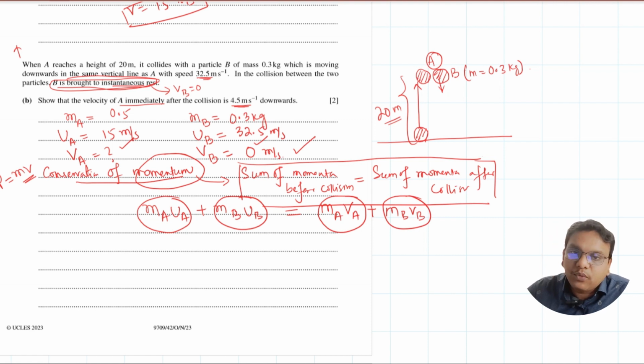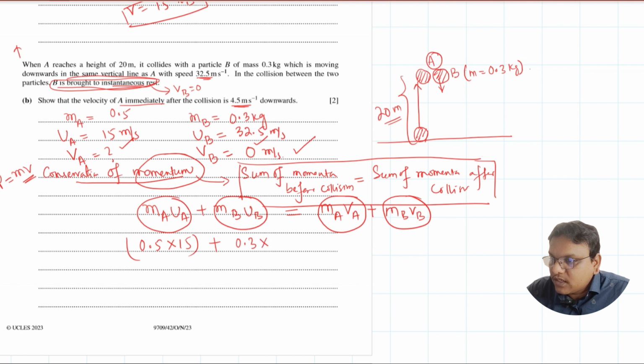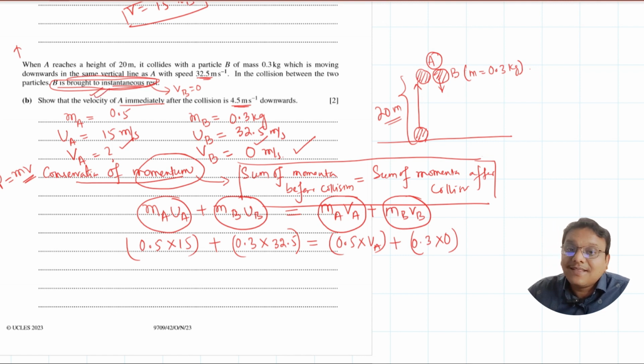So we'll try to replace the values. The mass of A is given, 0.5, u_A is given, 15, plus the mass of B is given, 0.3 kg, and the initial speed of B is given, 32.5 meters per second, which is equal to m_A, 0.5, times the velocity of A, which we need to find out, plus the mass of B, 0.3, times the velocity of B, which is 0, because I told you that B is brought to instantaneous rest.